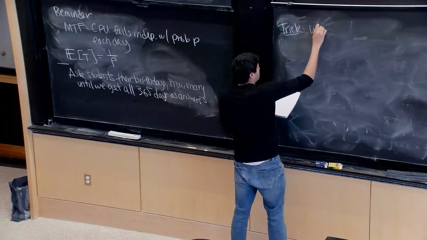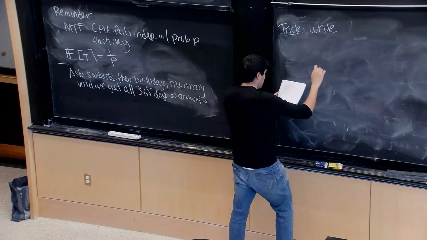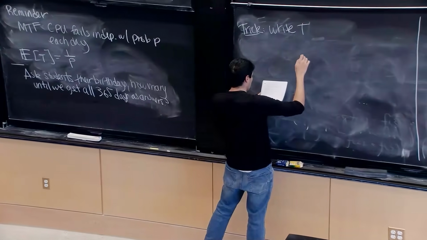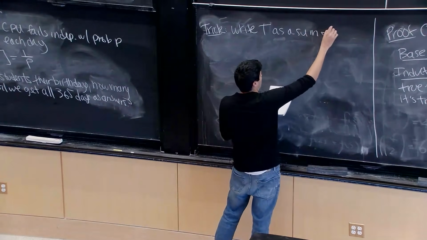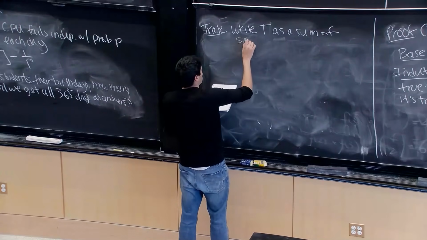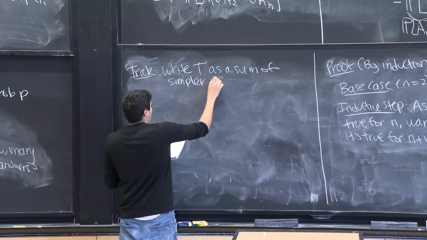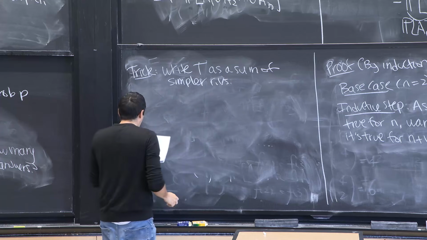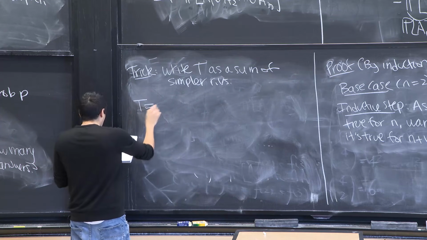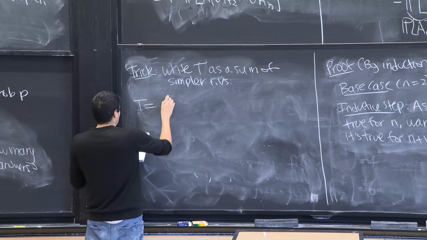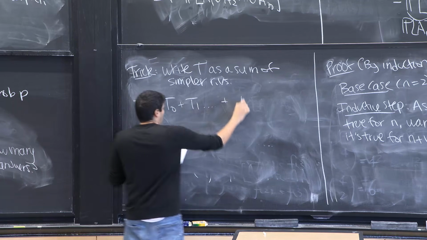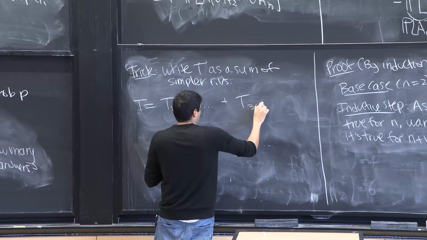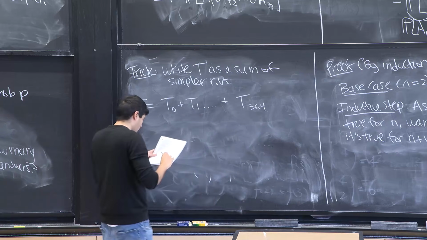So we're going to write t, which is our time where we collect all of these coupons or get all of these birthdays, as a sum of simpler random variables. So what I'm going to do is write t as t0 plus t1 all the way up to t364.